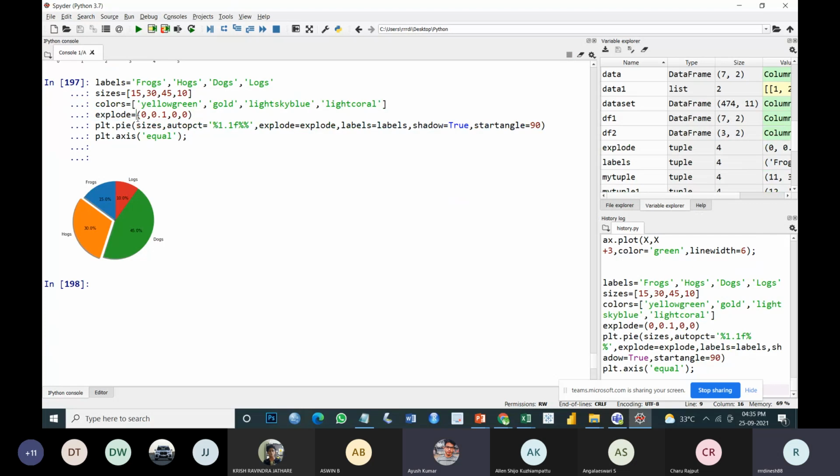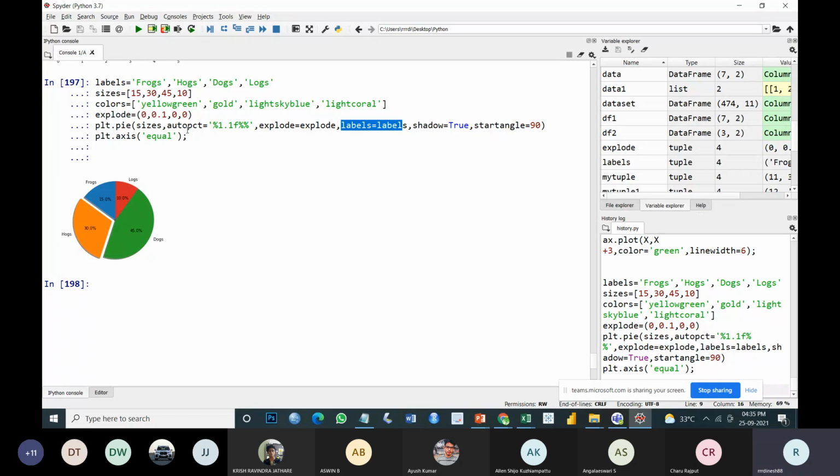plt.pie of sizes. See the sizes and the labels. Here I am giving the labels. There are four categories: frog, hogs, dogs, and logs. And the sizes we have given here as 15, 30, 45, and 10.